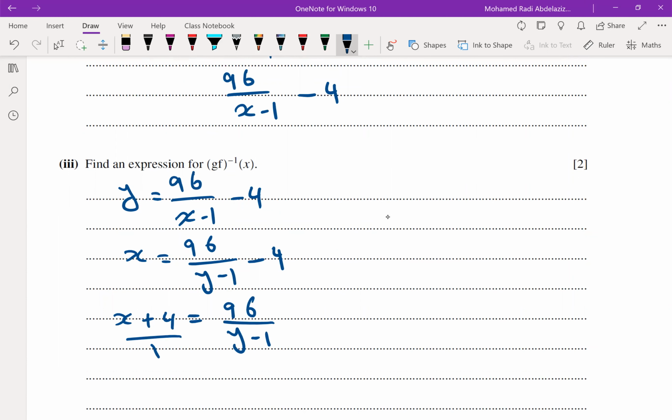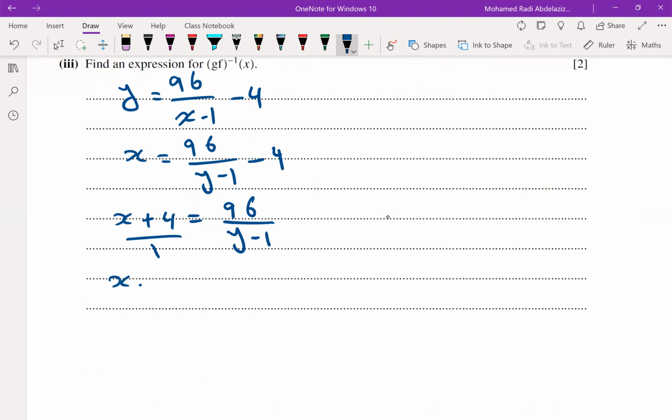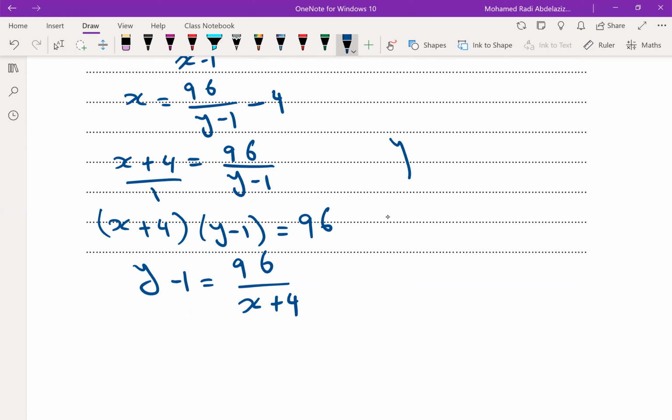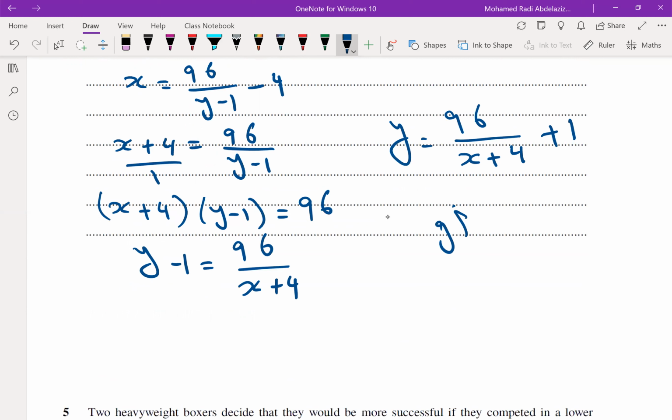Cross multiplication: x plus 4 multiplied by y minus 1 is equal to 96. Make y the subject: y minus 1 is equal to 96 divided by x plus 4. Move negative 1 to the other side. So the final answer will be 96 divided by x plus 4, plus 1. This is gf inverse: gf inverse of x is equal to 96 divided by x plus 4, plus 1. That's it.